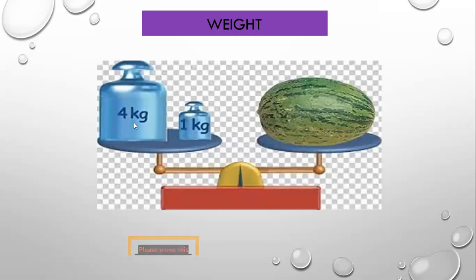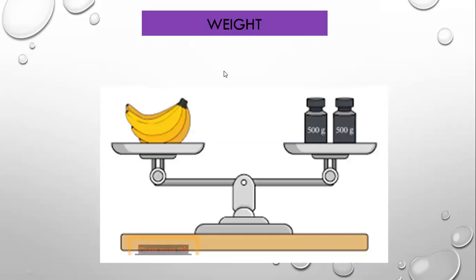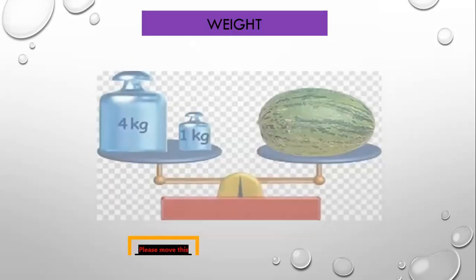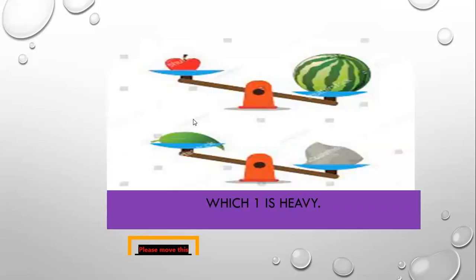Watermelon is 4 plus 1 is 5 kilograms. So this means bananas were light. That's why we measured them in grams. If the watermelon is heavier, we measure it in kilograms. Kg means kilogram.